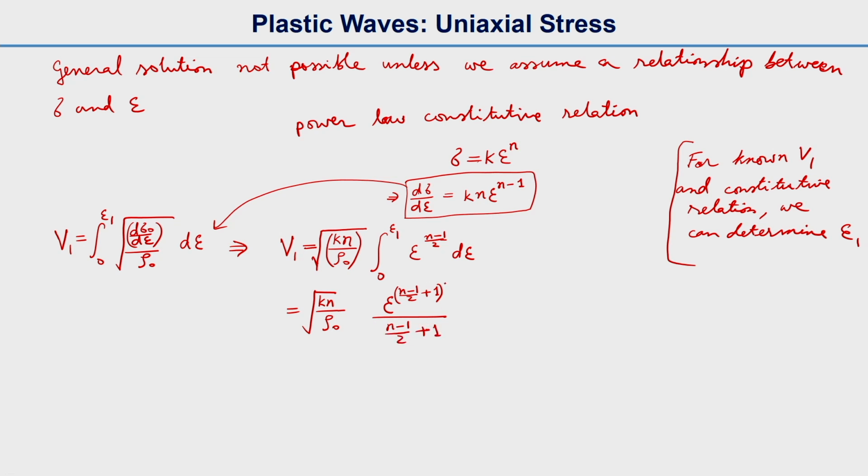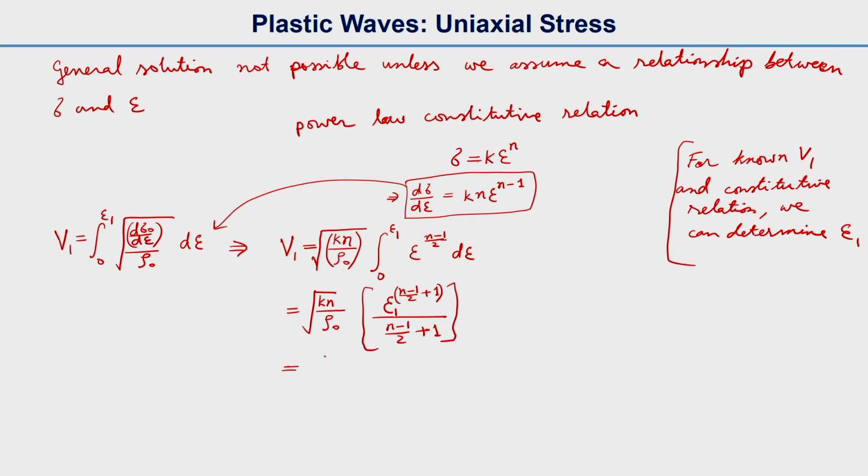With limits from 0 to epsilon 1, we can directly write epsilon 1, because the 0 limit gives a zero value.